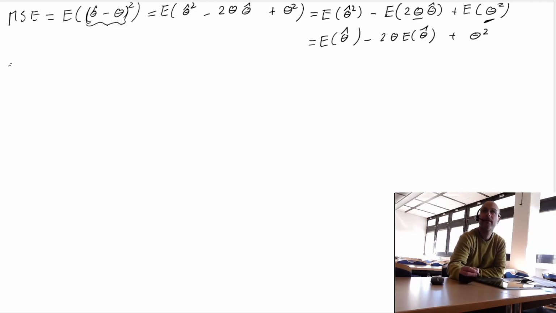And then we are doing something we quite often do in mathematics: we just add a zero in a proper way.